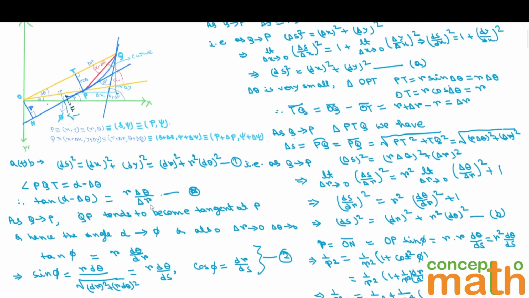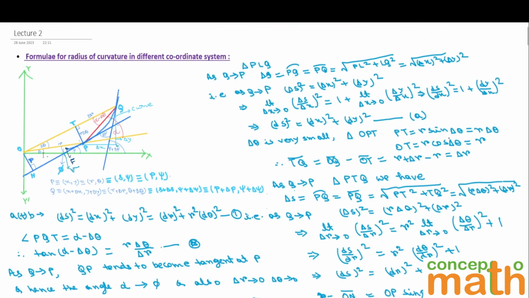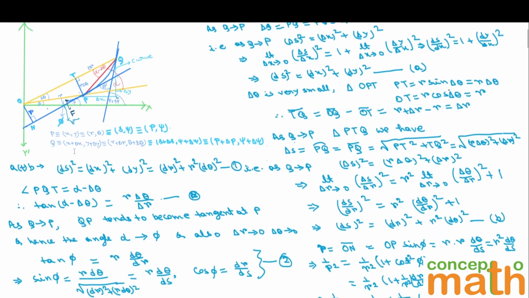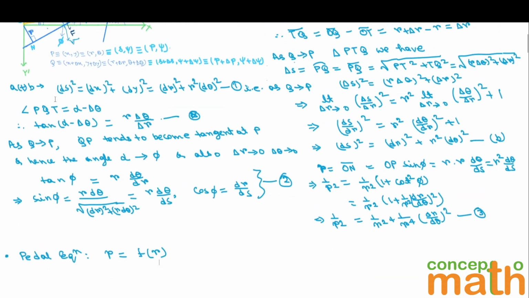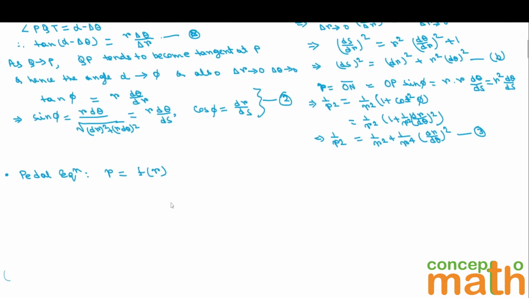As you can see from the figure, the angle psi will be the sum of the angles theta and phi, because the external angle is the same as the sum of the opposite internal angles. So in this case psi will be theta plus phi.